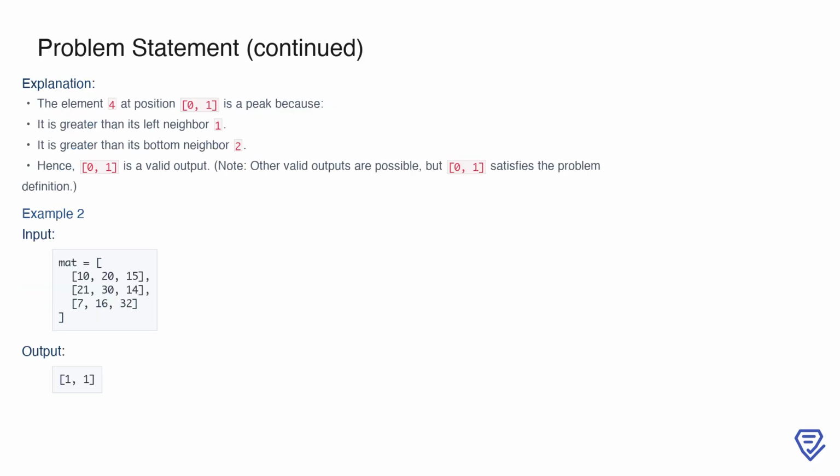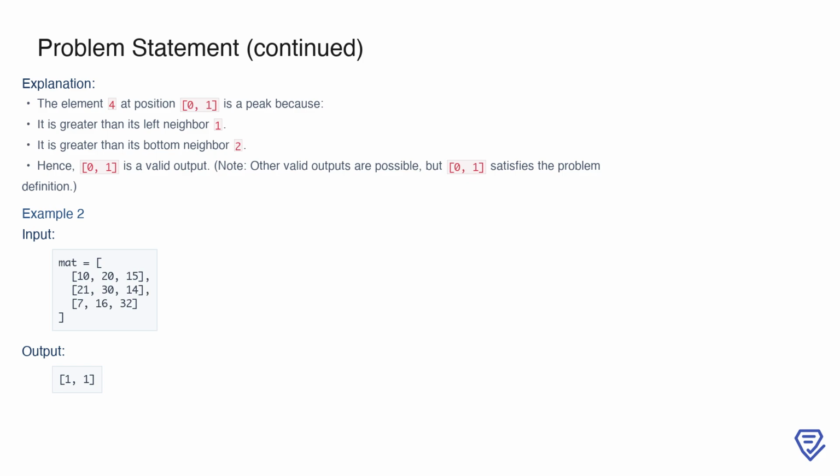To elaborate on the first example, the element 4 at position [0, 1] is greater than both its left neighbor, which is 1, and its bottom neighbor, which is 2. Since 4 satisfies the peak condition, [0, 1] is a valid output. Remember that other valid outputs could exist if there are multiple peaks in the matrix, but [0, 1] is sufficient to solve the problem.